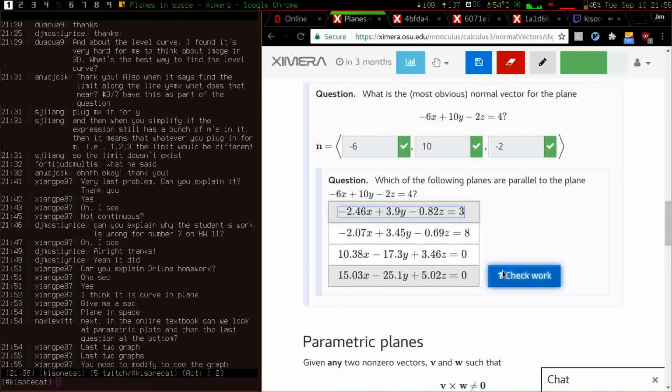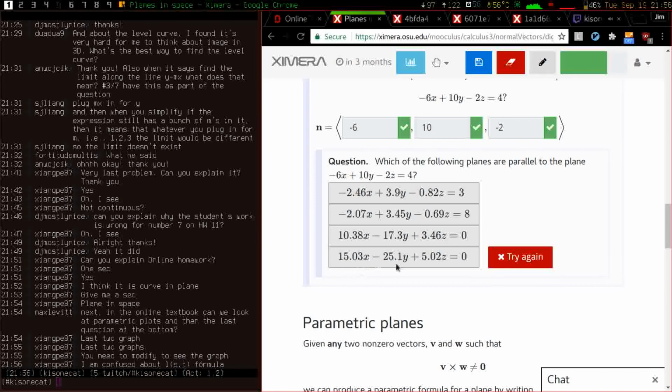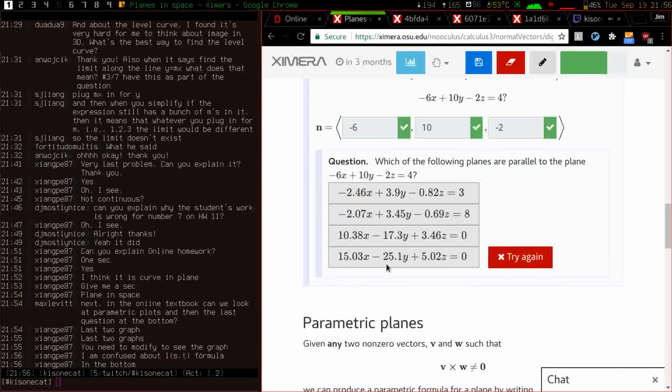Yeah, this one I guess could be. What about this one? It's so hard to divide in my head. That one looks okay. Let's see this one. I mean, they all look okay. Which one of these is no good? Let's see. This one is the bottom. No, this one looks to be okay.